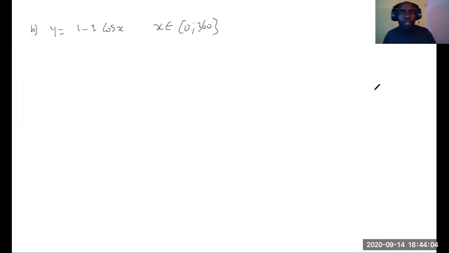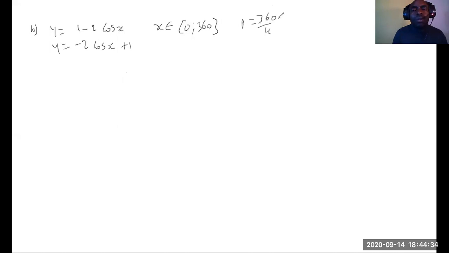So I've got my second question here, where we have y equals 1 minus 2 cos x. This is the same as y equals minus 2 cos x plus 1. I see again my period did not change. Period is equal to 360. If I divide by 4, I have got 90.